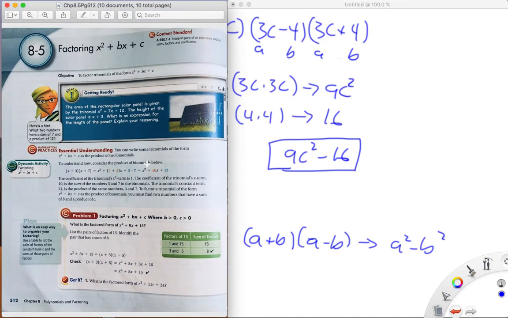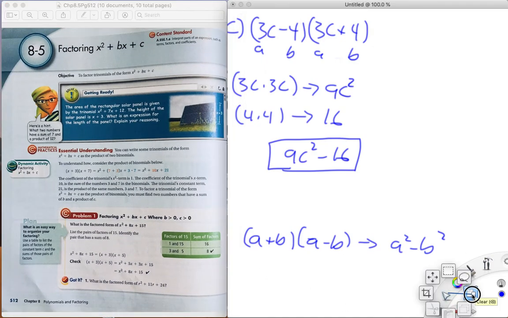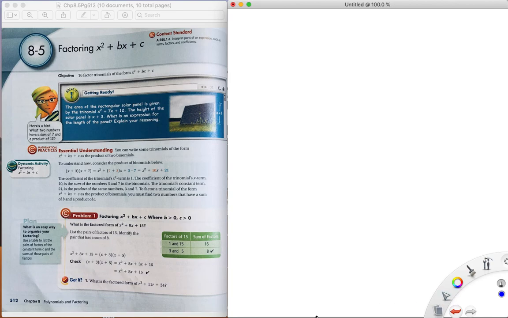8.5, factoring. Alright, so we're not going to like this, but hey, it's life. We're going to utilize something called the diamond method. This is only factoring with no numbers in the a squared term, so we should be okay.